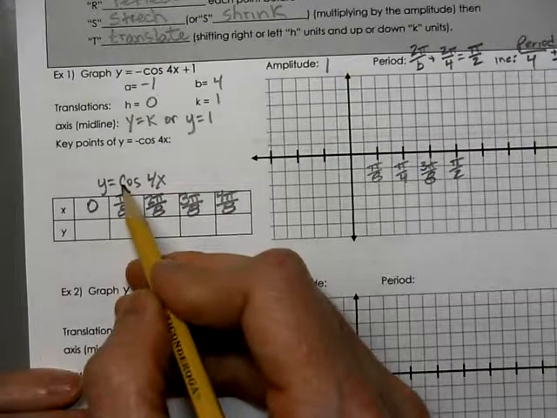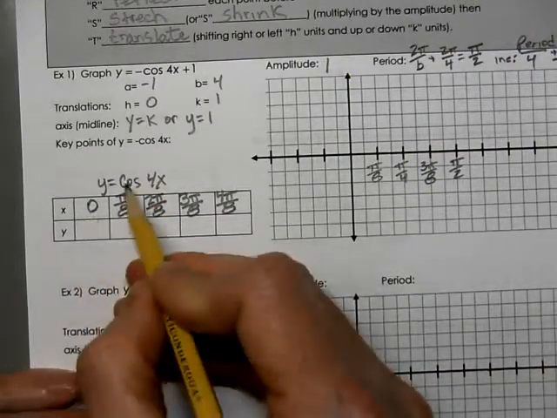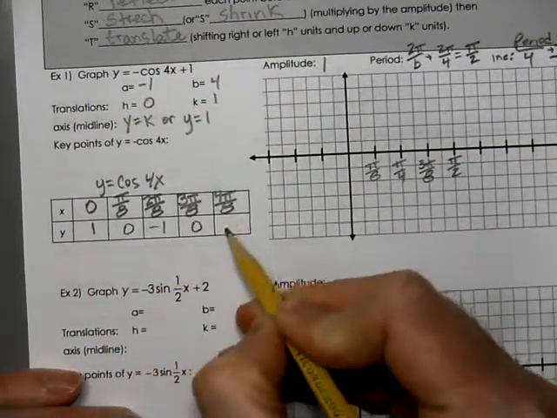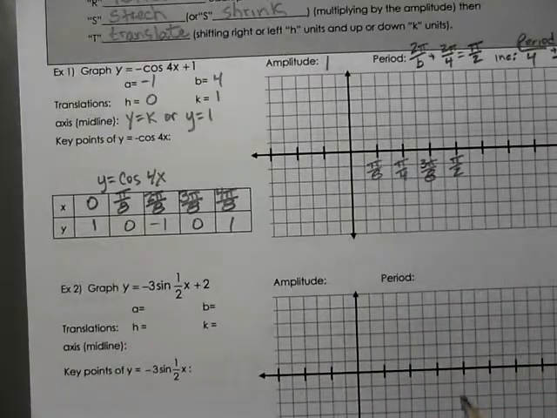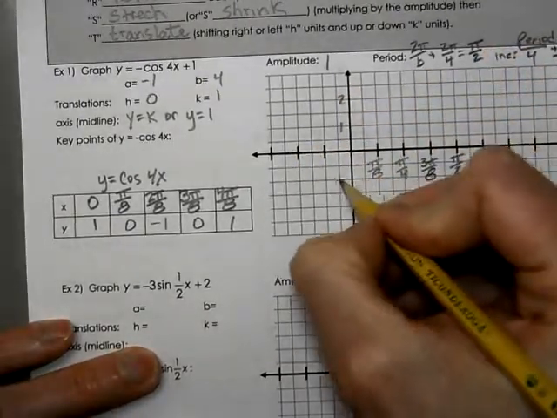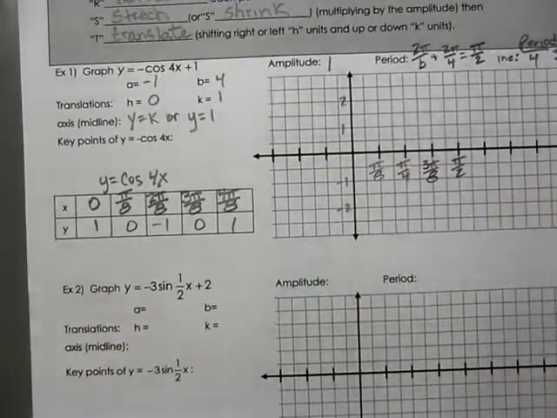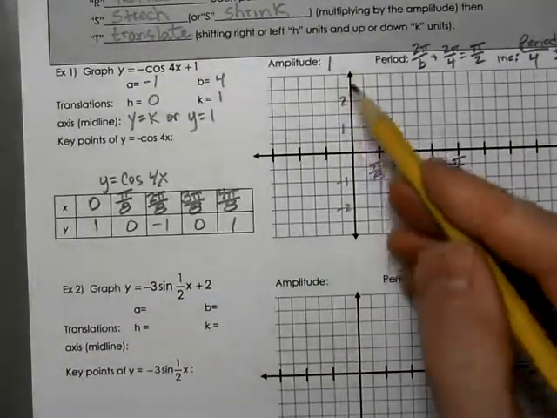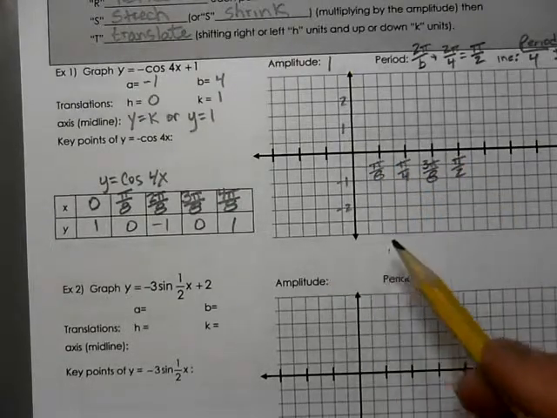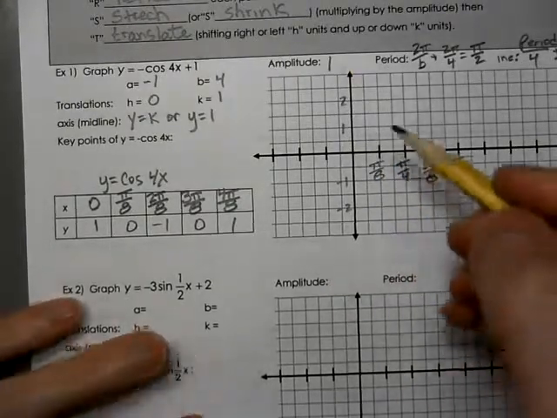So without any reflections or any translations, our y values for cosine would be 1, 0, -1, 0, 1. So thinking about what our scale should be, by going 2 steps at a time should give us plenty of room to reflect and do a small translation.